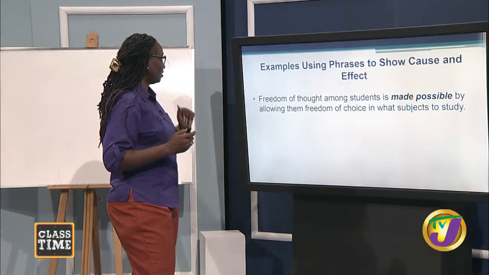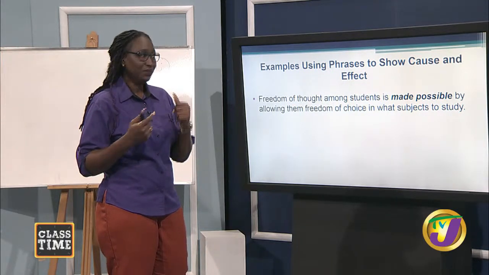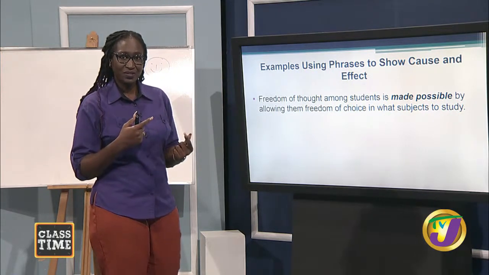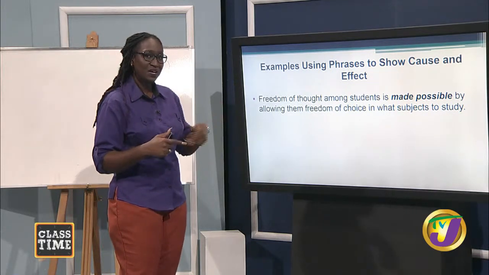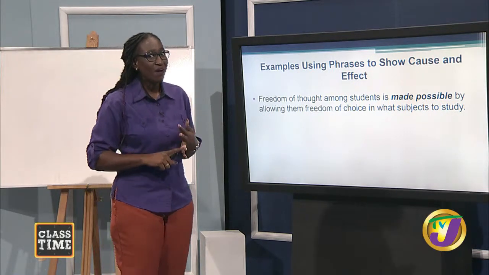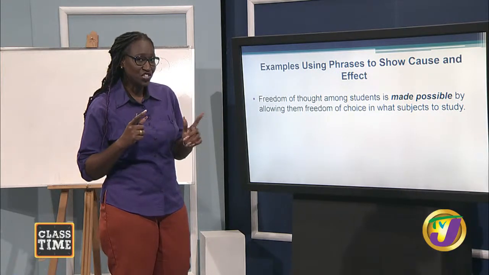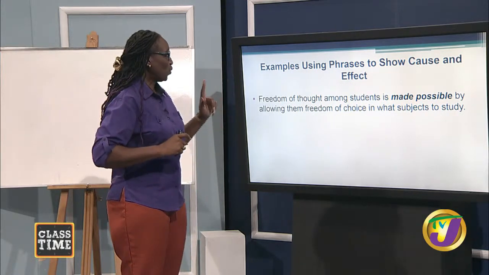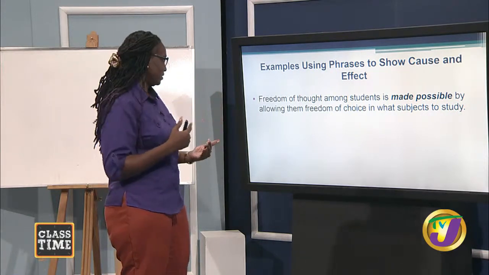All right, so another example. "Freedom of thought among students is made possible by allowing them freedom of choice in what subjects to study." So, what are the two ideas that you have linked using "made possible"? You didn't use "as a result." You didn't use "because." You didn't use any of those typical, traditional words, but you have used a transitional word. Now, first idea, the idea of freedom of thought among students.